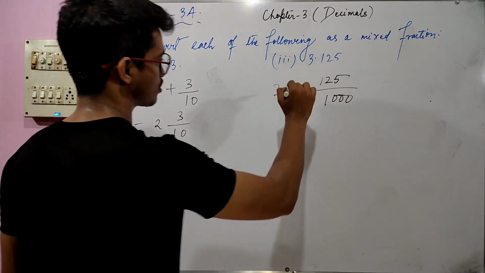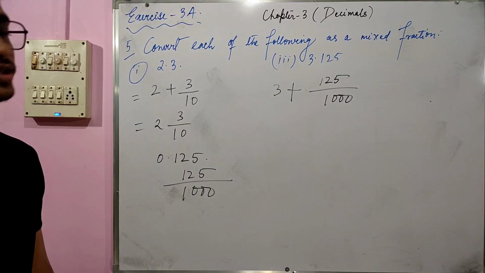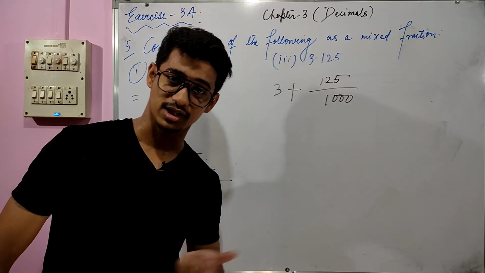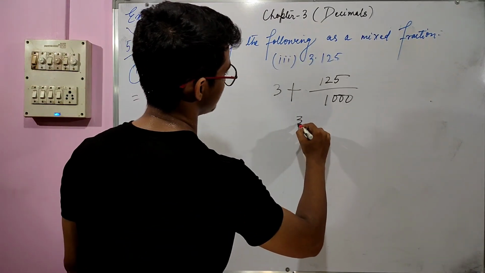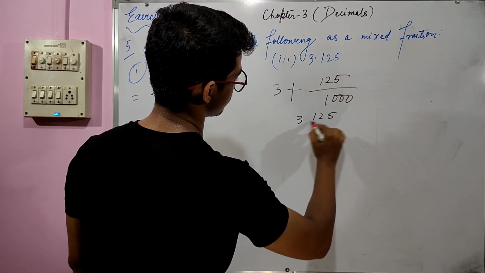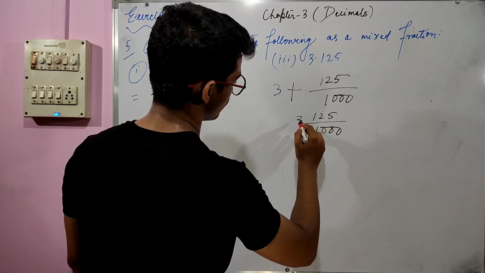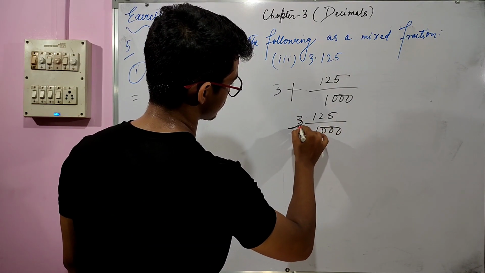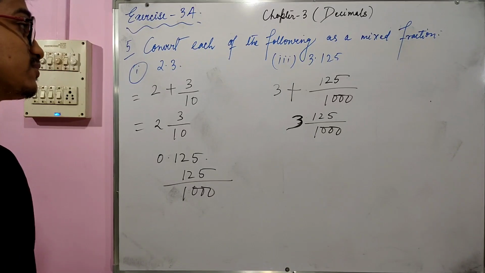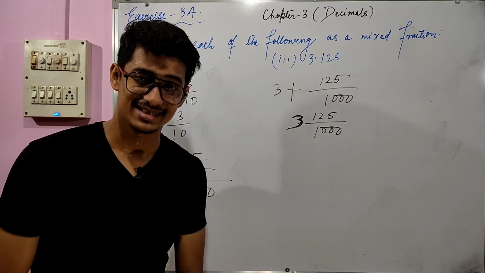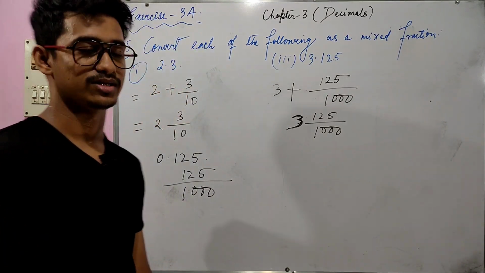So 3 plus 125 by 1000 is the basic expansion of this particular number, and simply we will write 3 and 125 by 1000. We will write 3 in the middle part, right? So that is the mixed fraction of this particular number, that is 3 and 125 by 1000.